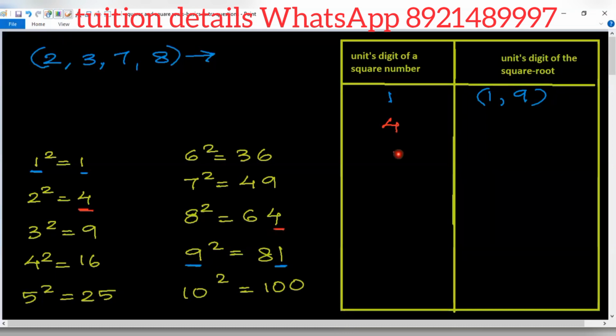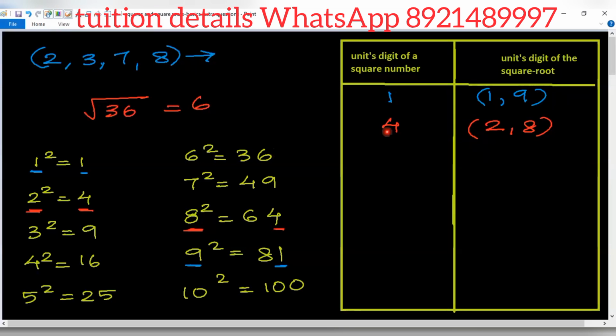If the units digit of a square number is 4, what can we say about the square root? See, 2 or 8 will be the last digit, or units digit, of the square root. Okay, square root means what? See, 6 square is 36, so the square root of 36 is equal to 6. That is the meaning of square root.